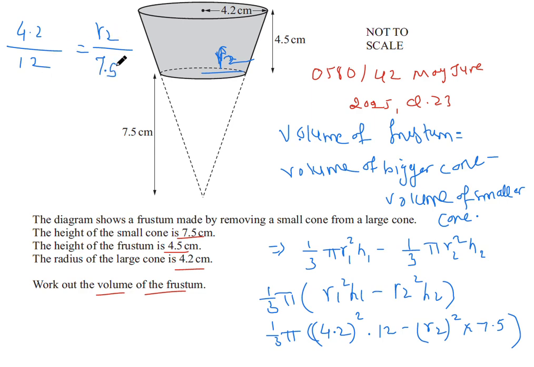So radius by height is equal to radius by height. We calculate R2 from this as 4.2 times 7.5 by 12. Let me just calculate this. So the radius we are getting over here is 2.625.